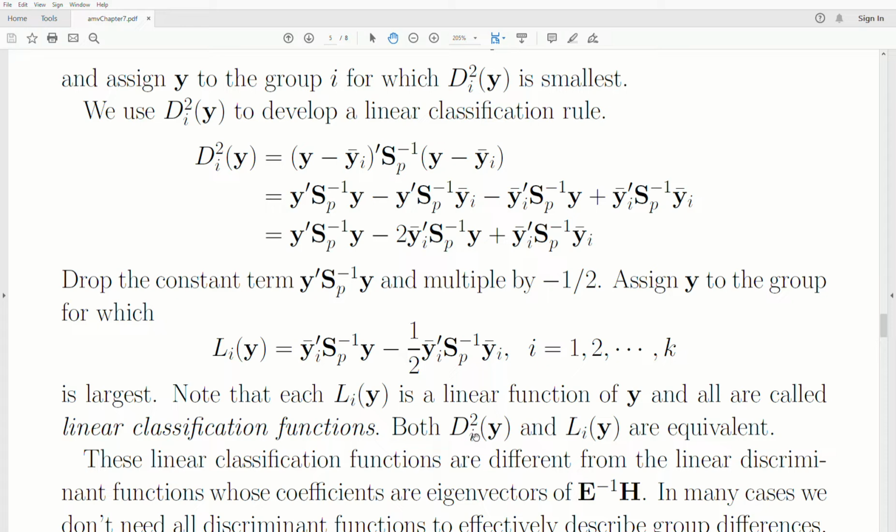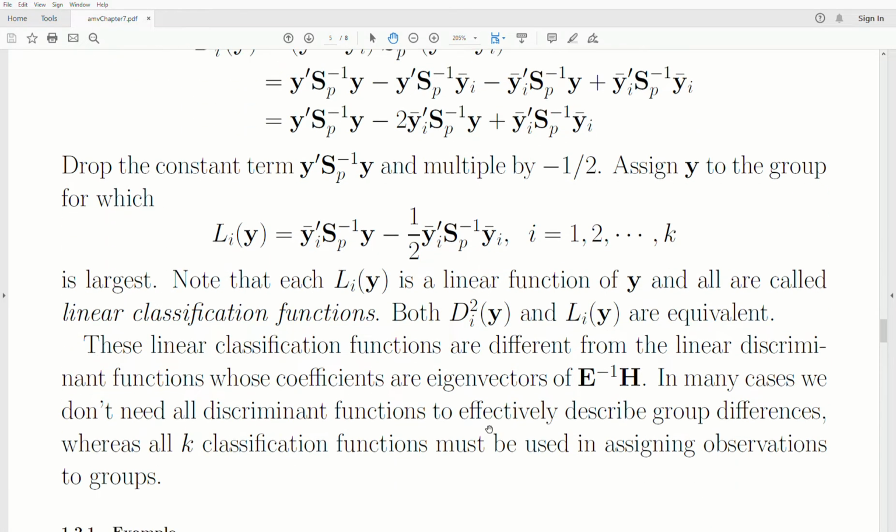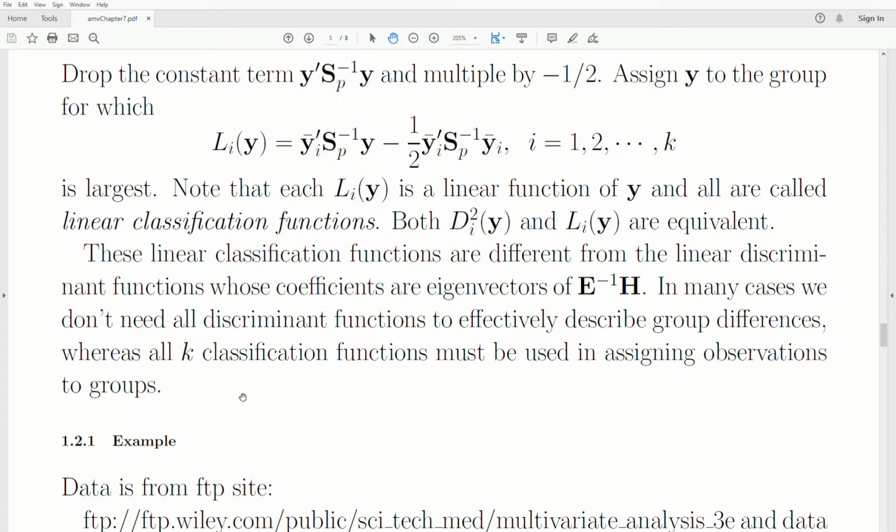With D_i, you look for the smallest statistical distance. With L_i, you look for the maximum value, and they're equivalent. And I like D_i squared because it's a statistical distance, and in R, there's a Mahalanobis function that makes it very easy.